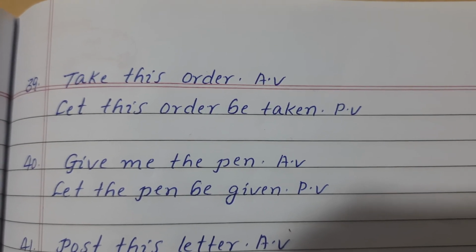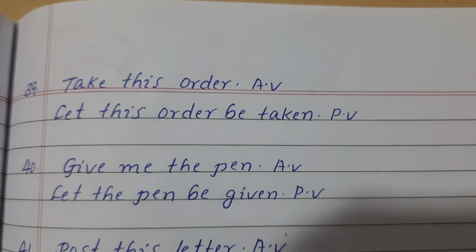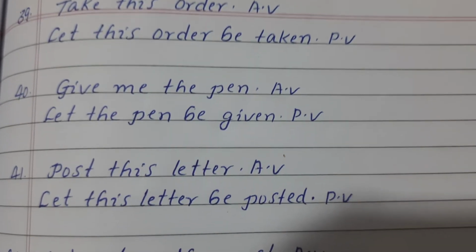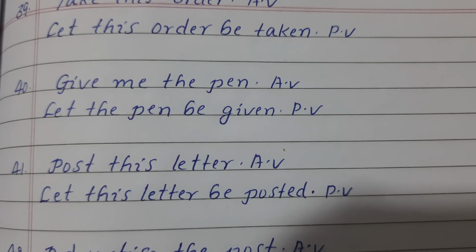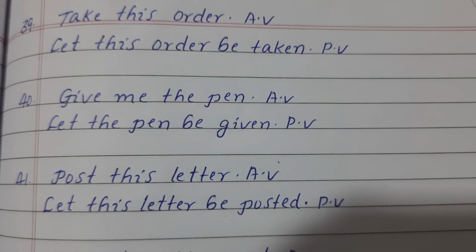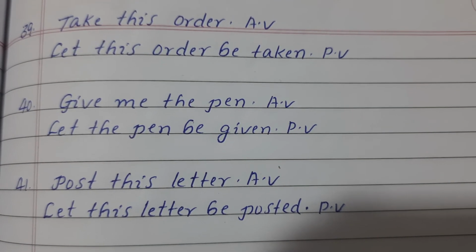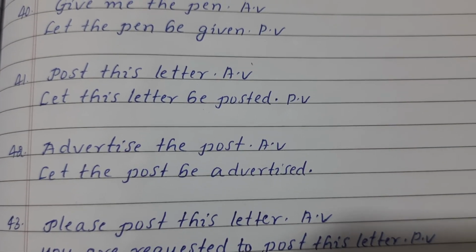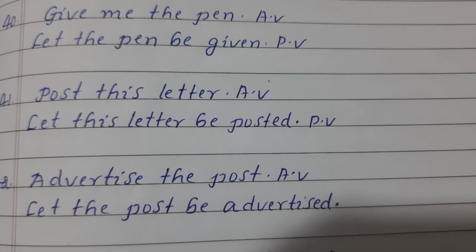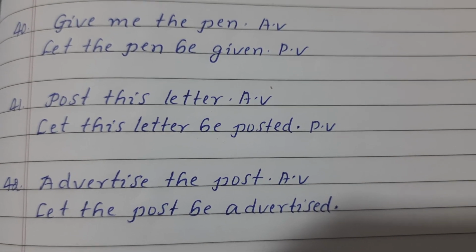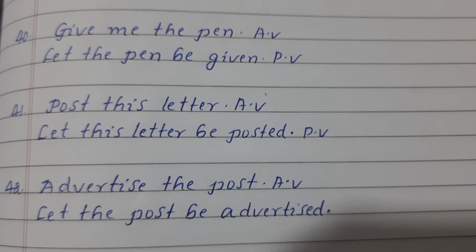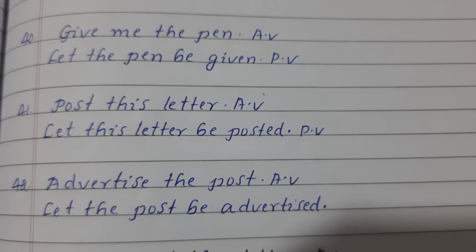Let the pen be given. Post this letter: Let this letter be posted. Advertise the post: Let the post be advertised. The V3 form for advertise is advertised.